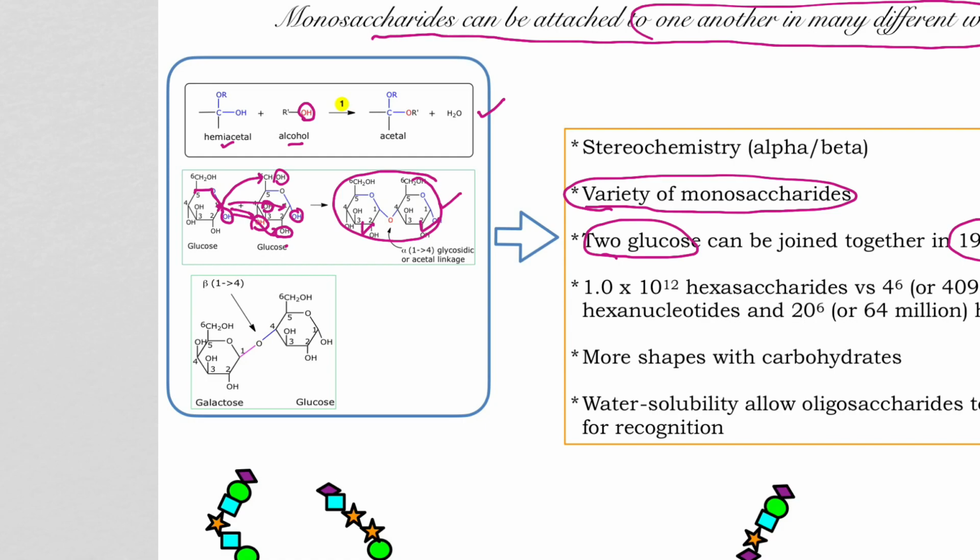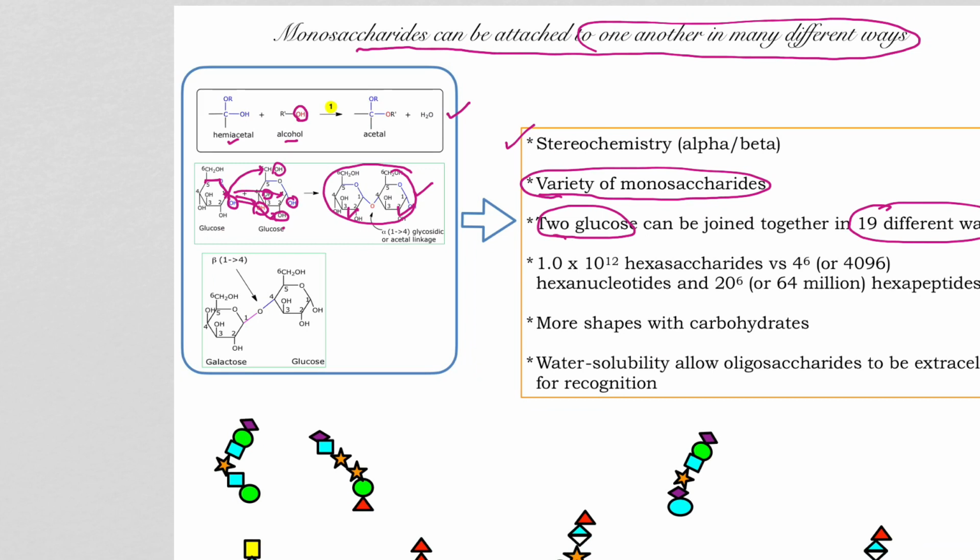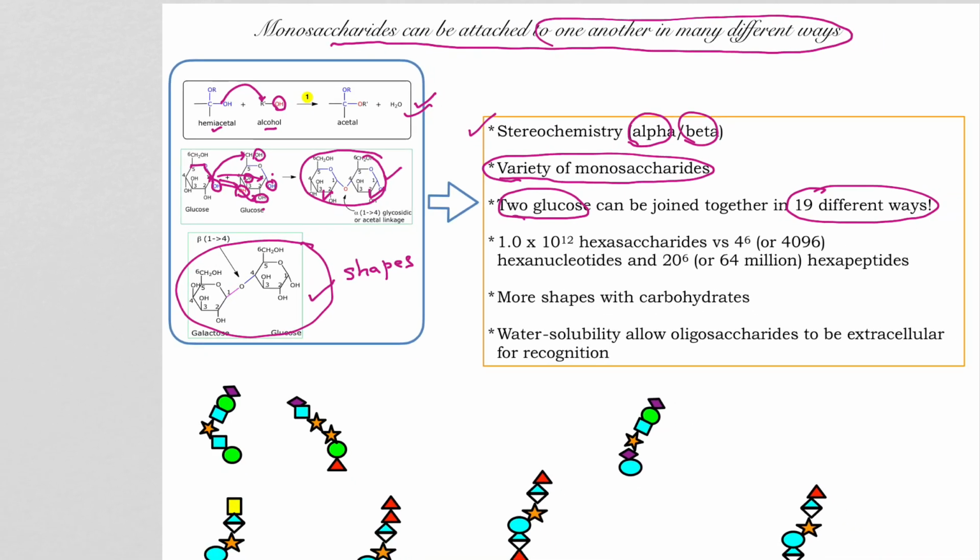And besides that, the monosaccharides have certain stereochemistry, as we mentioned earlier in the definitions. You can have alpha glucose or you can have beta glucose. You can have alpha galactose or you can have beta galactose. So because of the versatility of this reaction, one hemiacetal can react with many hydroxyls on the other monosaccharide, we can get all kinds of products, and that means we can get all kinds of shapes.